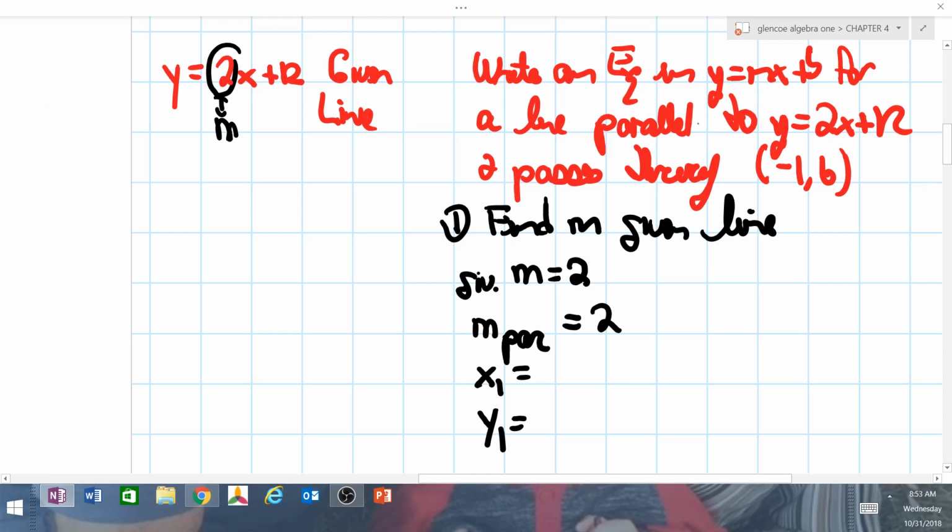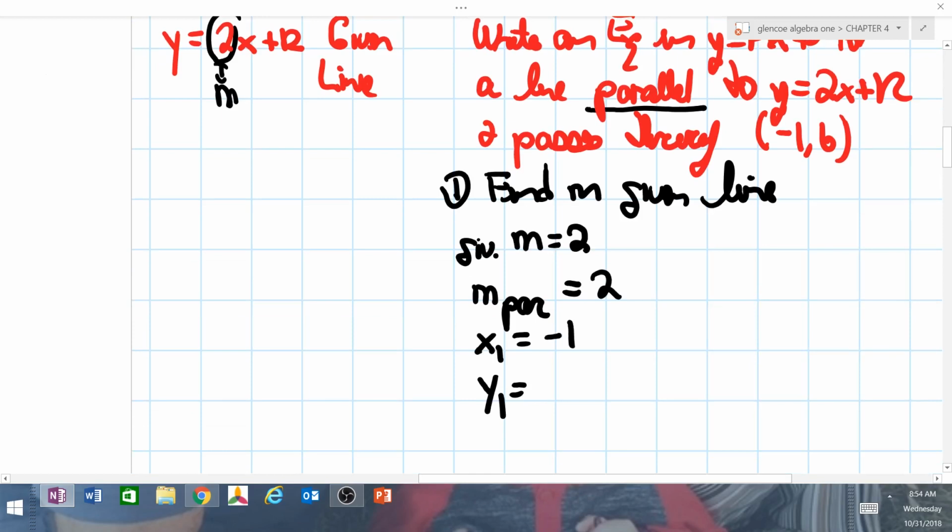Do they want you to write an equation of a line parallel to it or perpendicular? They wanted parallel. So parallel lines have what kind of slope? Same. So that means if the given line has a slope of 2, the new line also has a slope of 2. Good. And now we plug in our point.